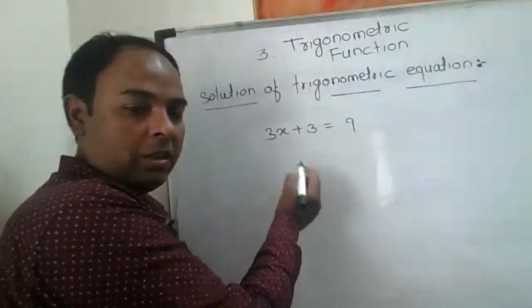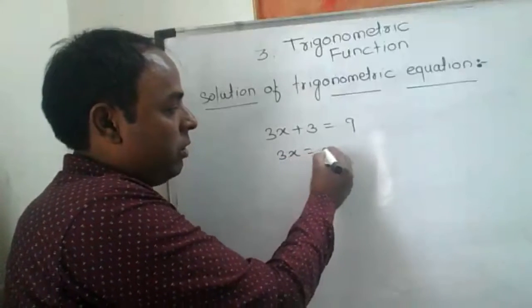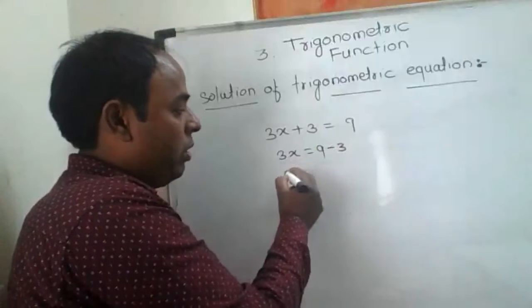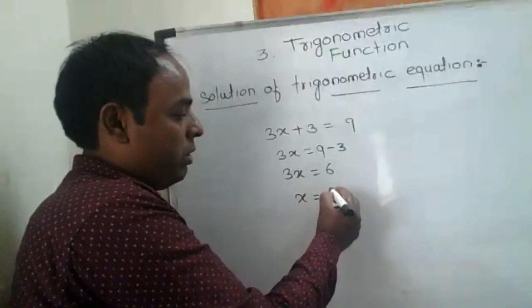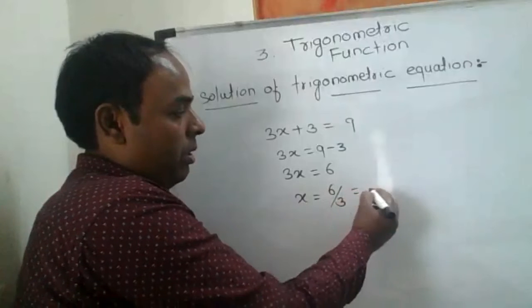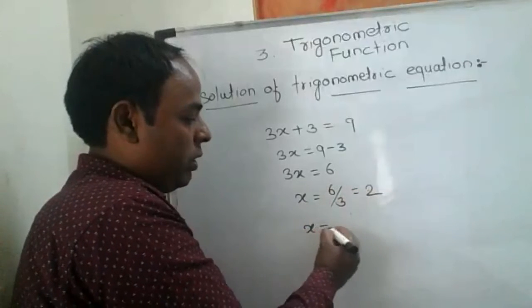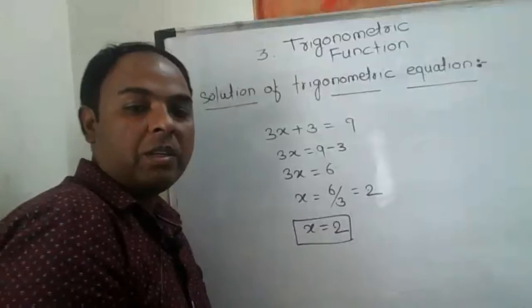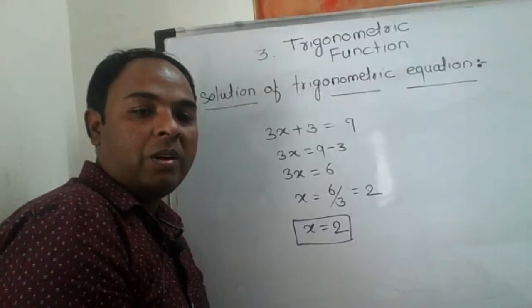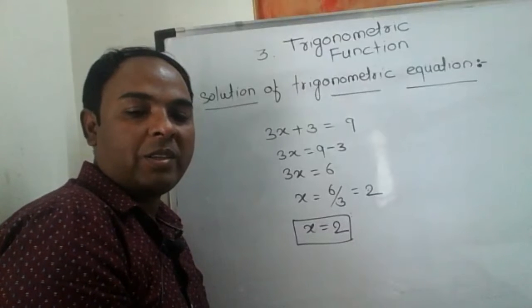Now how to solve this? So 3x is equal to 9 minus 3. 3x is equal to 6. So x equal to 6 by 3, which is equal to 2. So this is called the solution of the equation.